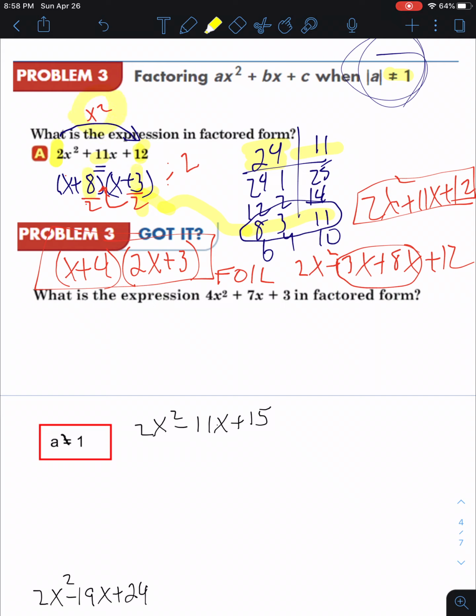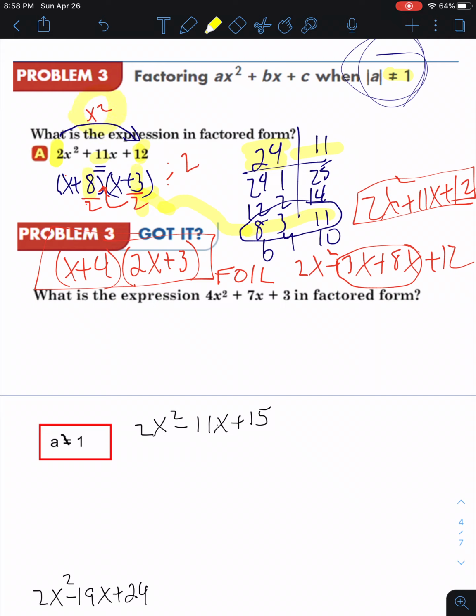If it divides evenly by 2 at this stage, then we write it, so 8 divided by 2 gives me 4. But if 3 does not divide evenly by 2, or any number, then we take the 2 and put it up in front, and it becomes the coefficient: 2x plus 3.